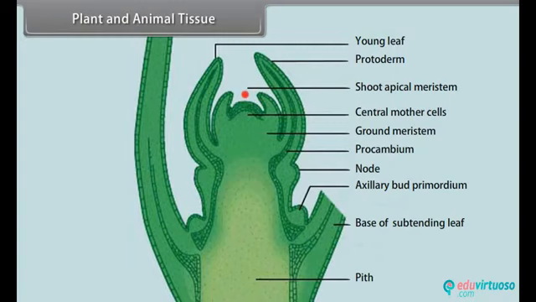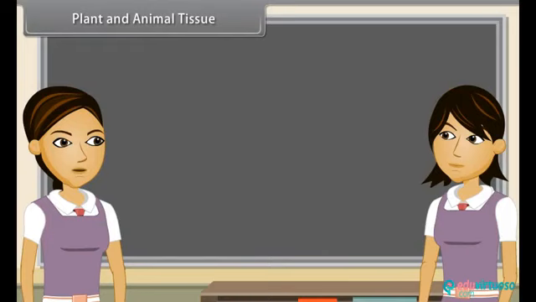The growth in plants is limited to some regions. There are some tissues in plants that divide. Yes, Madhuri, but in animals, the growth is not restricted to some places. It is uniform growth. In animals, structural organization of organ systems is more specified and localized.